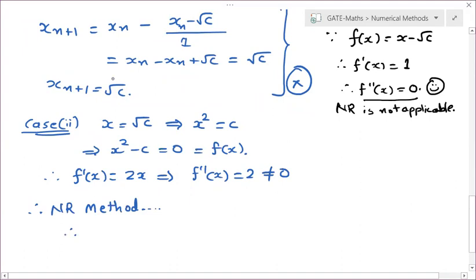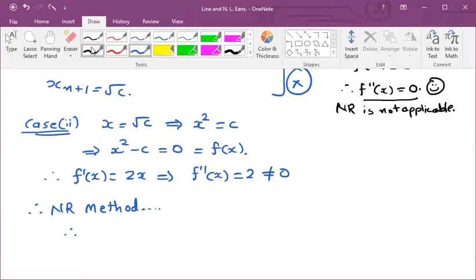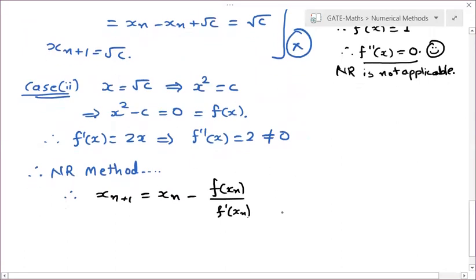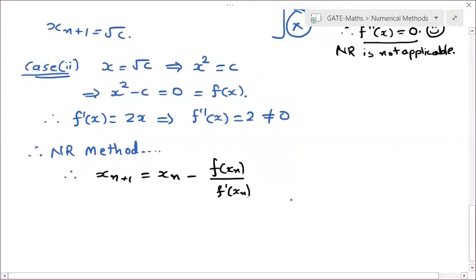So therefore, xn plus 1 is equal to xn minus f of xn divided by f dash xn. Okay. So f of x is x square minus c. F dash x is 2x. So this will become xn minus f of xn is xn square minus c.